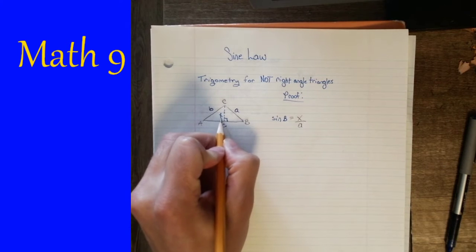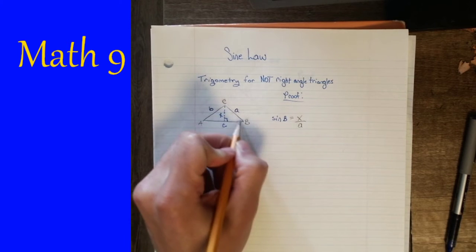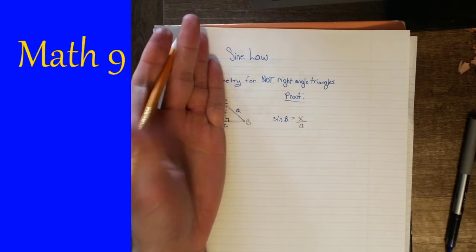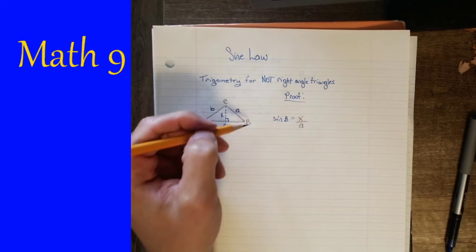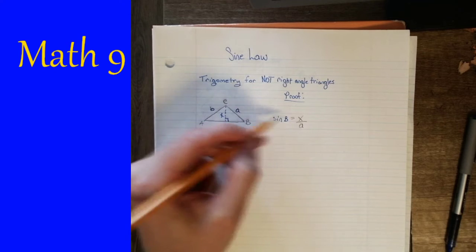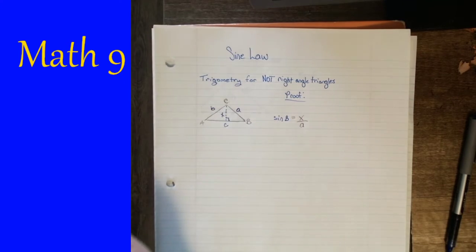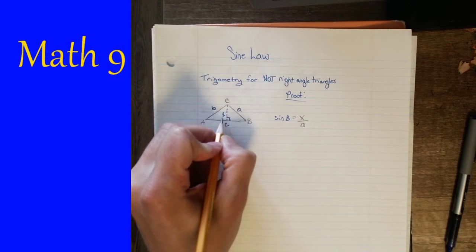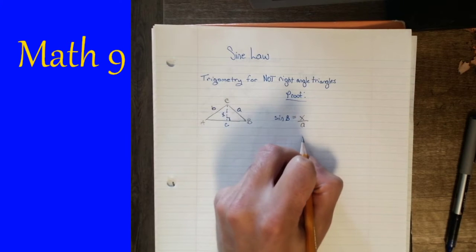So x represents the height of this triangle, and a is the hypotenuse length of this right angle triangle here. So that's pretty standard. Sine of this angle should be opposite over the hypotenuse. That's very well known by us at this point.